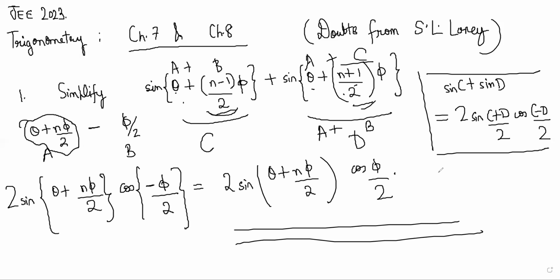This one would become theta plus n phi by 2 as a, and phi by 2 as b. So it will be sine (a minus b) plus sine (a plus b). So sine (a minus b) will be sine a cos b minus cos a sine b, and that one will be sine a cos b plus cos a sine b. So you'll get 2 sine a cos b as the answer. This is the answer.